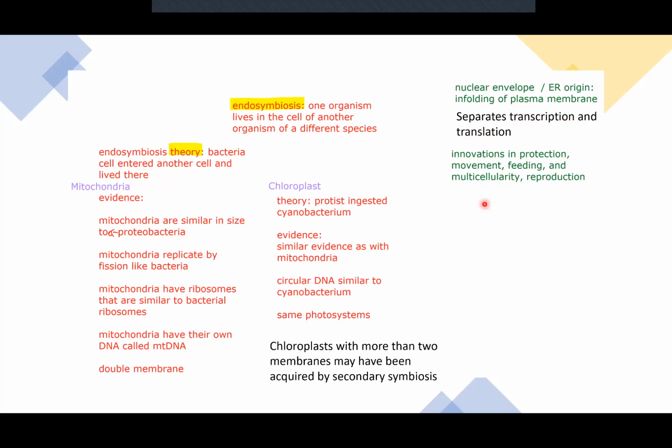And then we talked a lot about innovations in the ways that protists protect themselves, like with their outer coverings. I'm going to talk about the ways that they move, how they get food. Some of them are multicellular, and then also they're diverse with their reproduction.